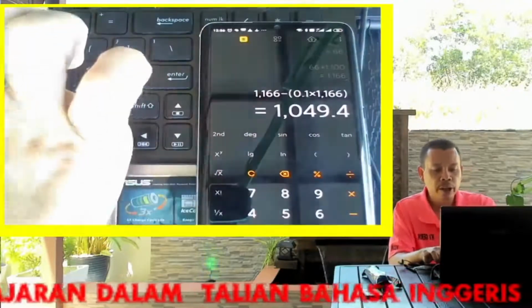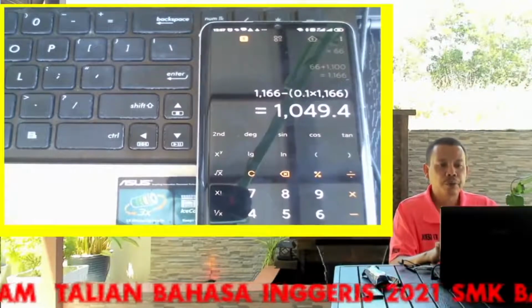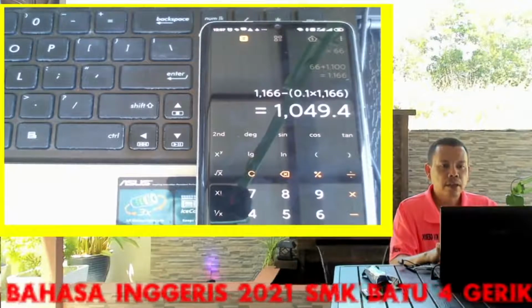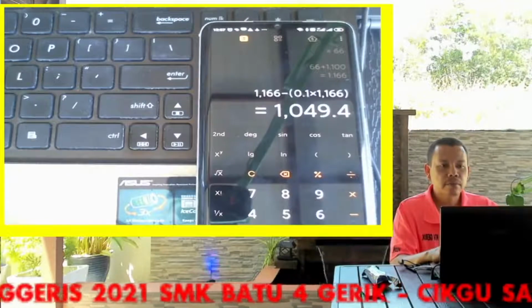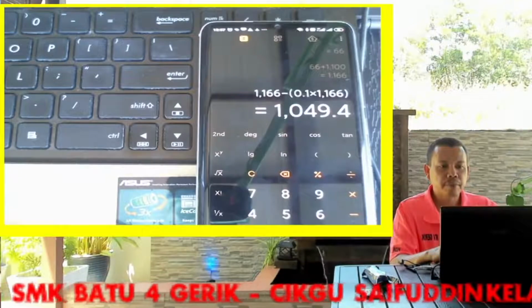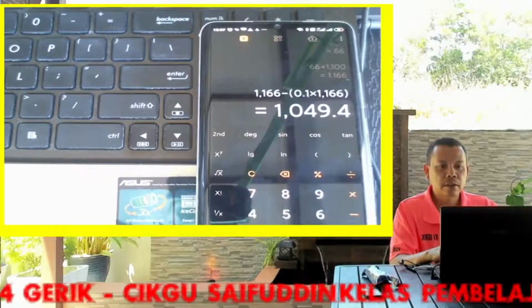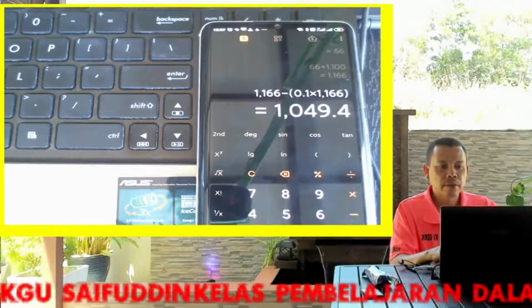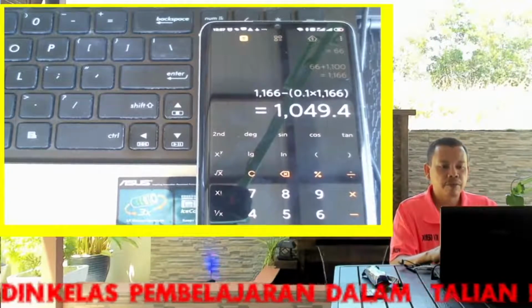So go for number 2. For item number 2, what did she buy? After that she bought a smart jacket, skirt and silk scarf.